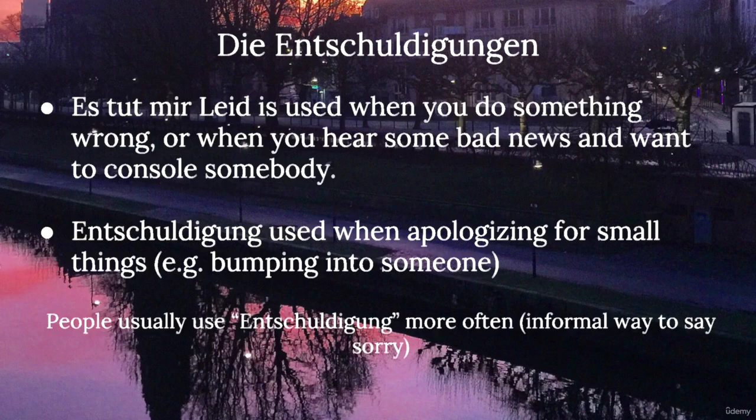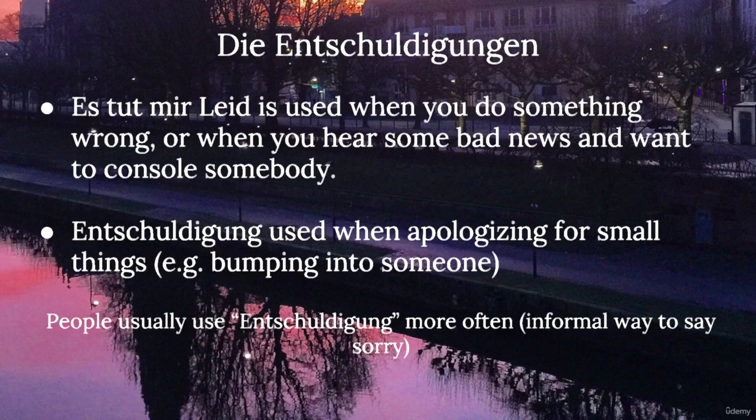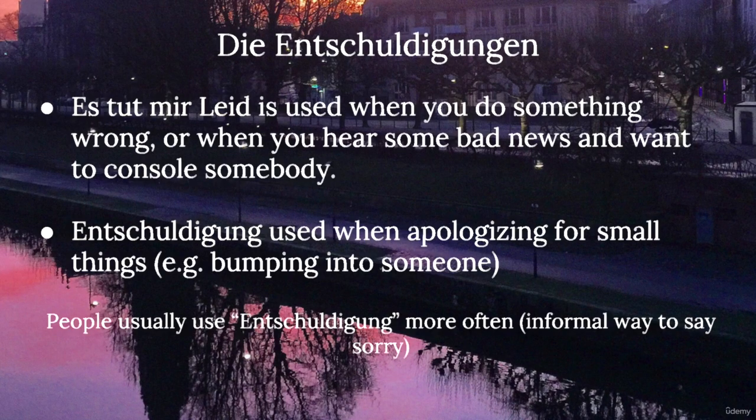Entschuldigung, on the other hand, is used when you want to apologize for small things, such as bumping into someone. Overall, you can say that Entschuldigung is the more informal way to say sorry.